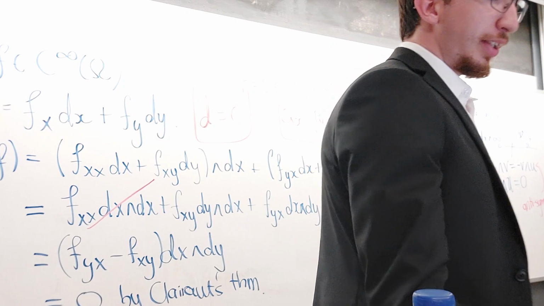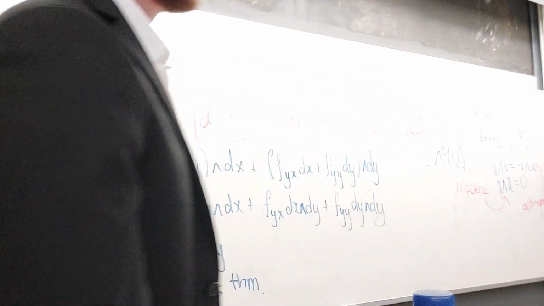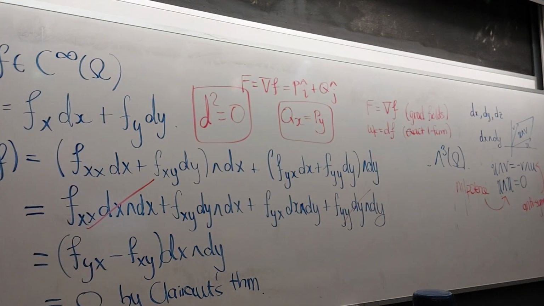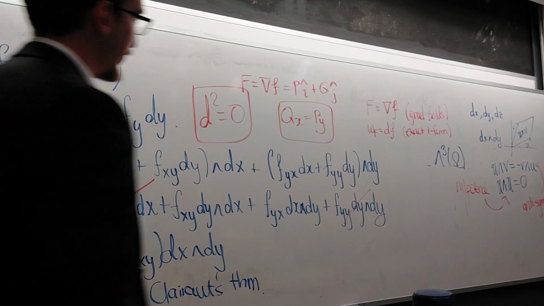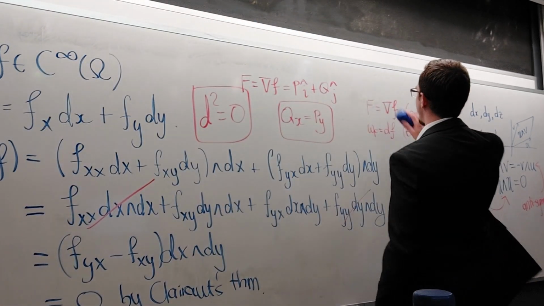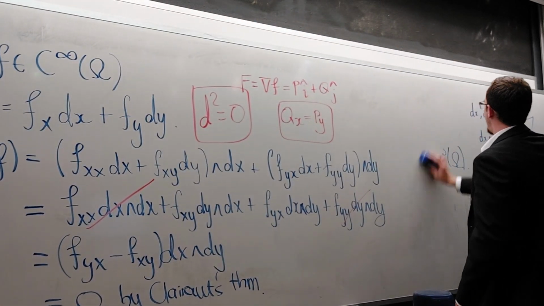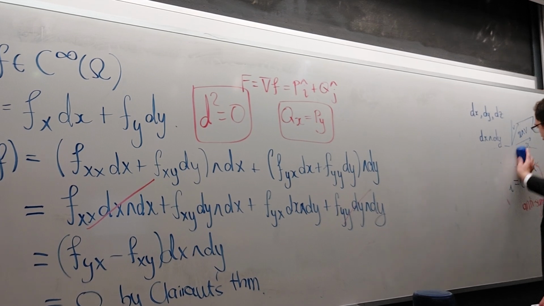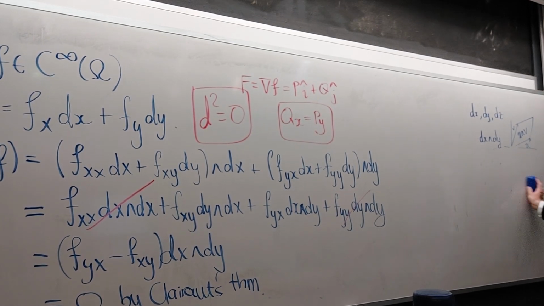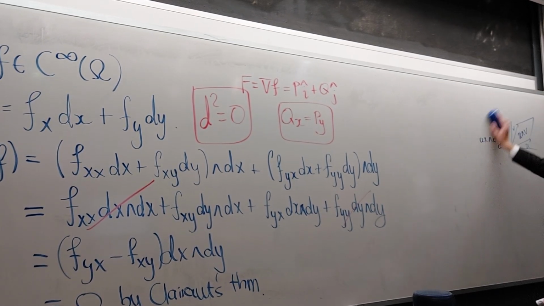So we've seen wedge products, we've now seen exterior derivatives of the one forms associated to gradient fields. Let me look at an example of how this may be of some utility.